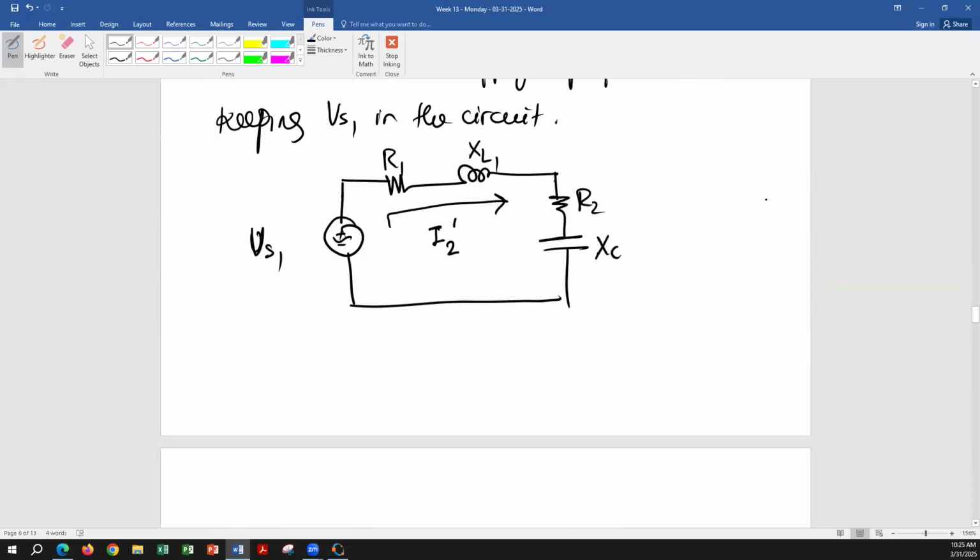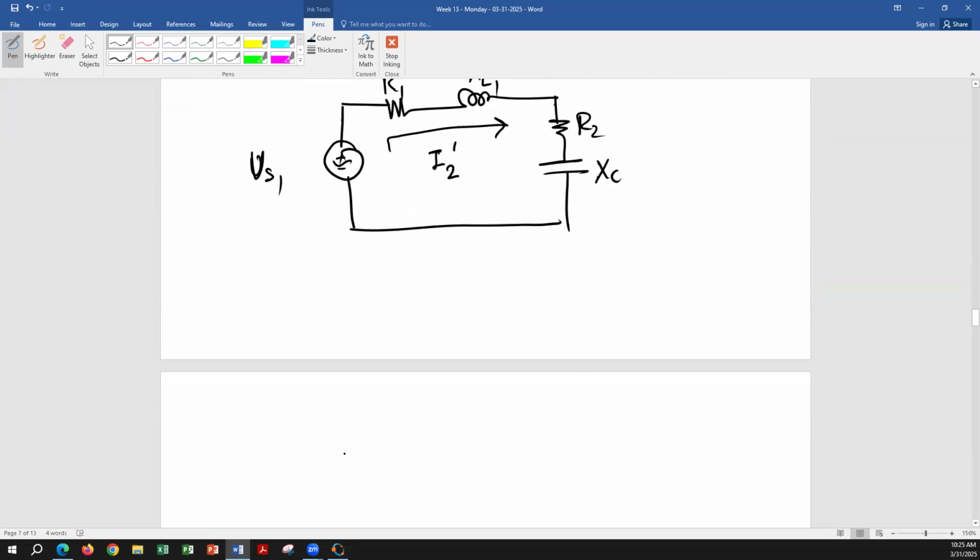Okay, so going back to the circuit, let's calculate I2. I'm going to call it I2 prime because of VS1. I2 prime, of course, is equal to VS1 divided by Z1 plus Z2.